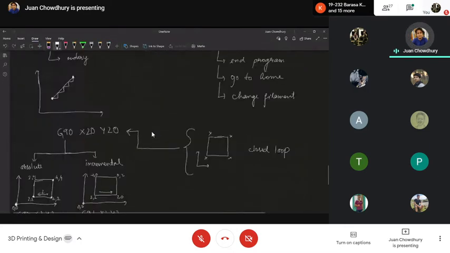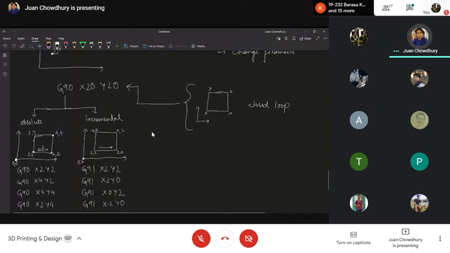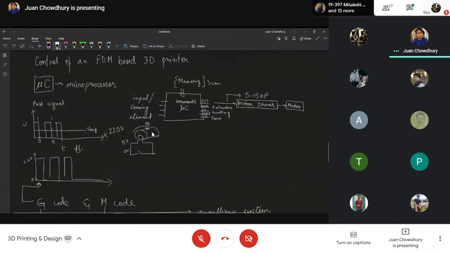So this is the flow of operation: coordinates from a solid model are converted into G code and M code, then into assembly level language by the encoder, and eventually voltage signals are generated for the motor to operate. I just want to know if this flow is clear for everyone. Do you want me to repeat it, or any part of it?